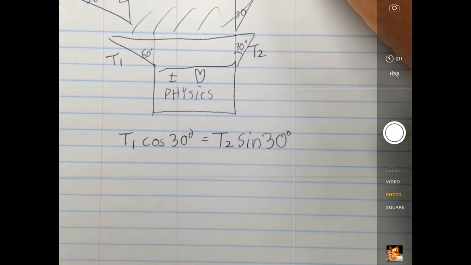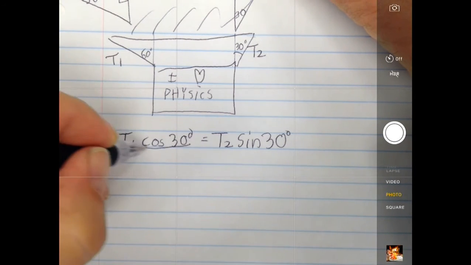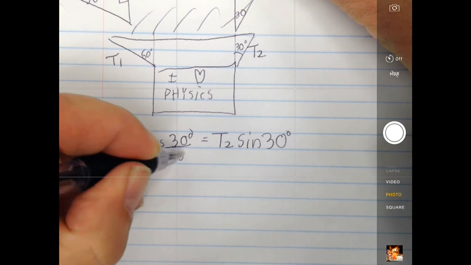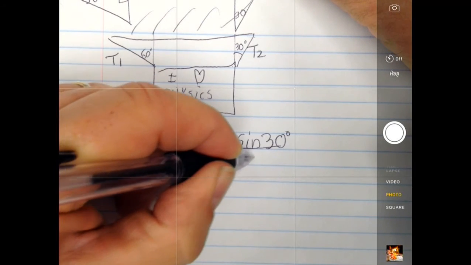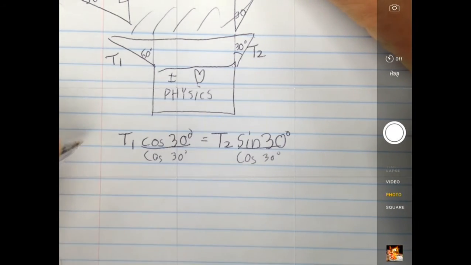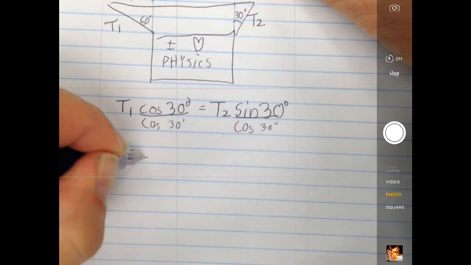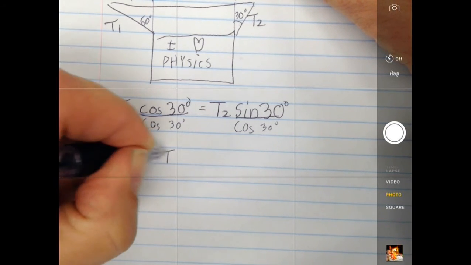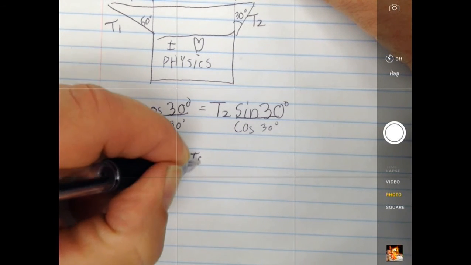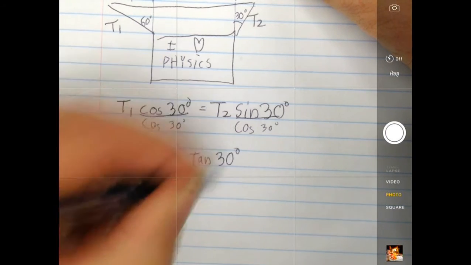If I were to divide both sides by the cosine of 30 degrees, that's good enough. That says T1 is equal to T2 times the tangent of 30 degrees.